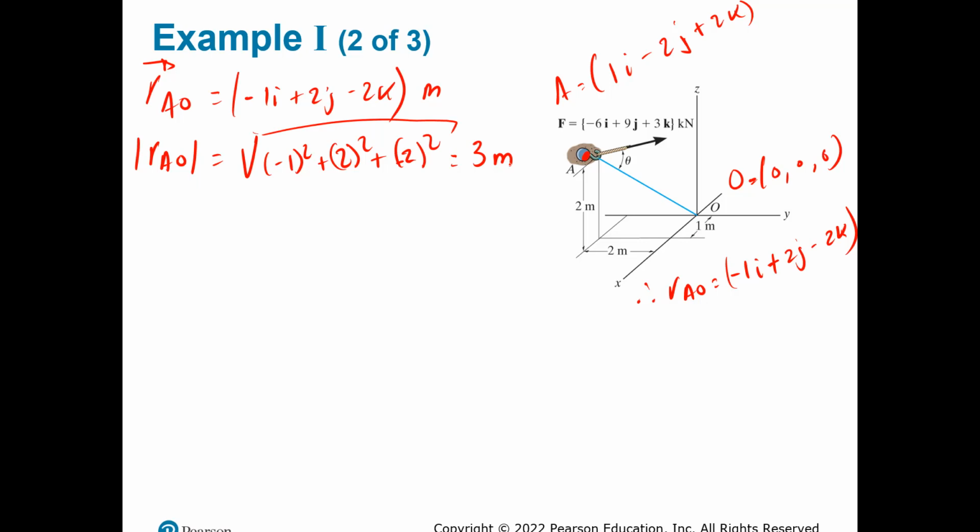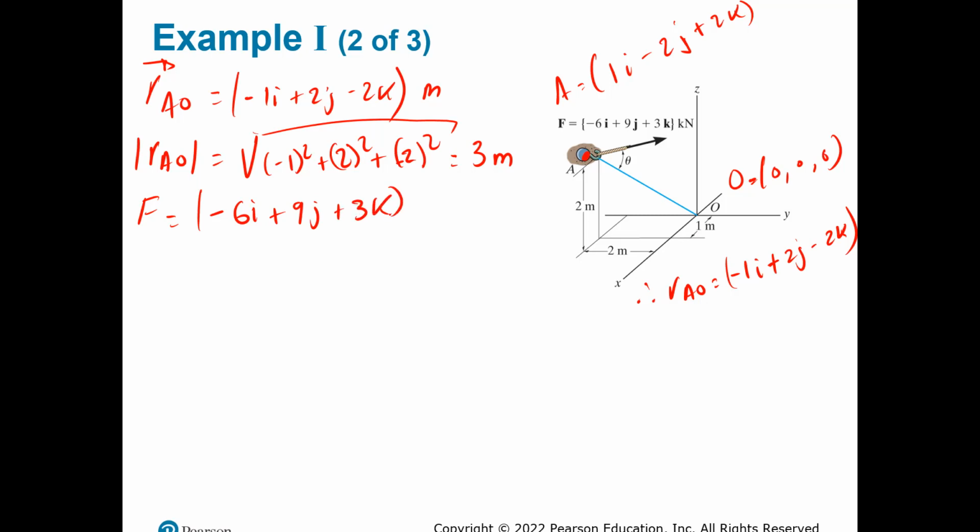So now I need to remember that my force was given in Cartesian or vector form, which is equal to minus 6i plus 9j plus 3k.